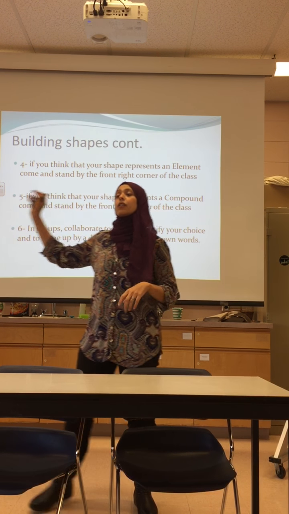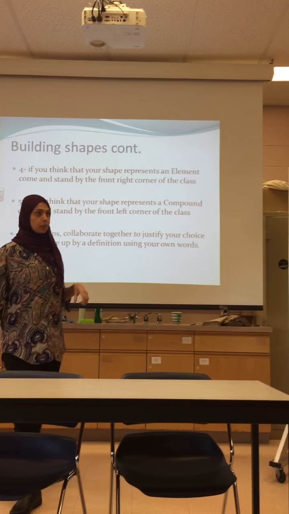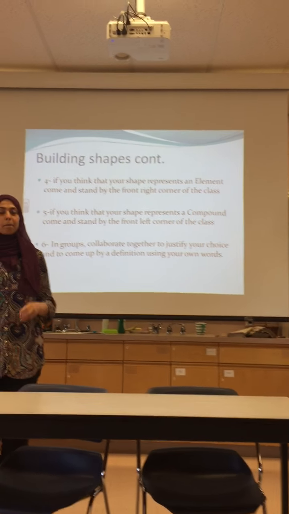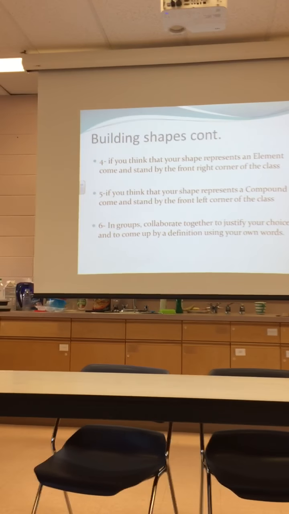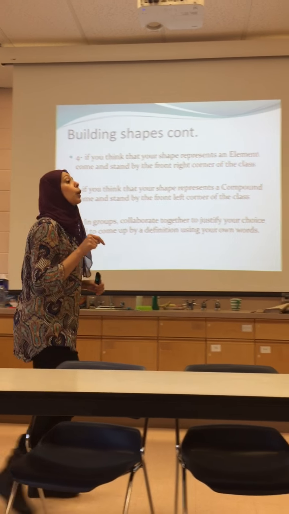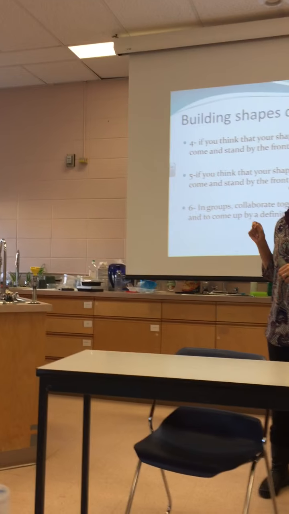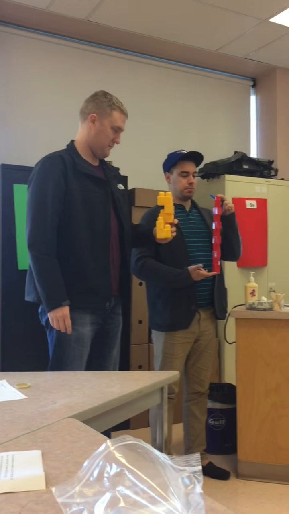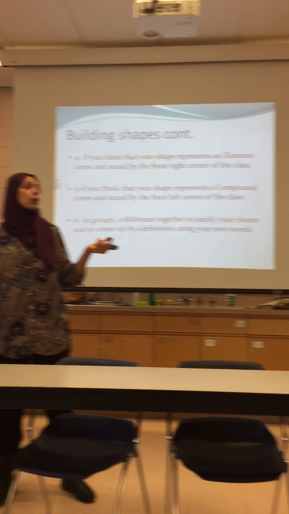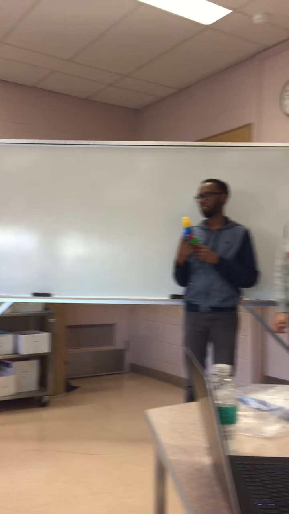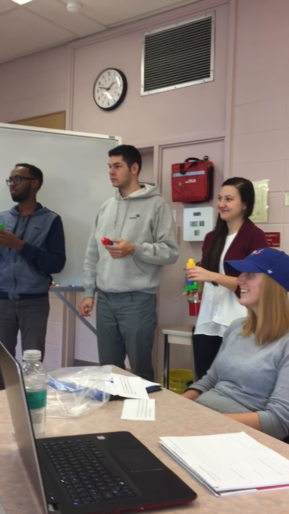If it is an element, to the right. Are you sure? Within your group, justify your choice and give me a working definition for either an element or a compound. You have 30 seconds to discuss within your group.